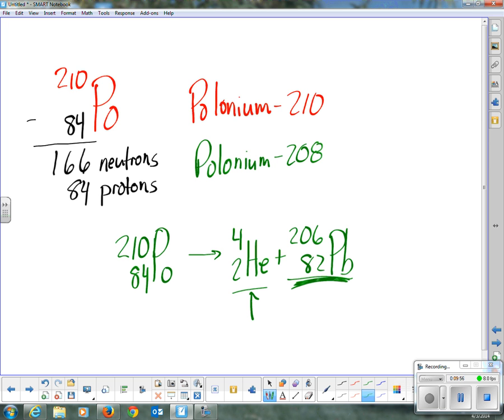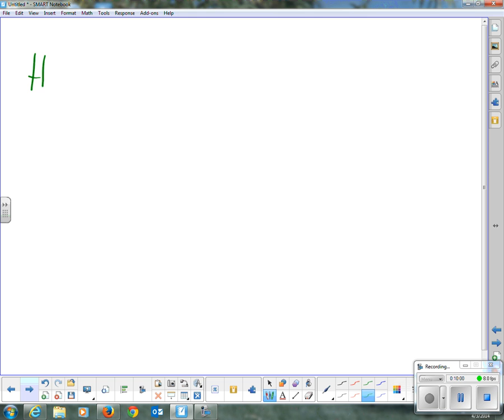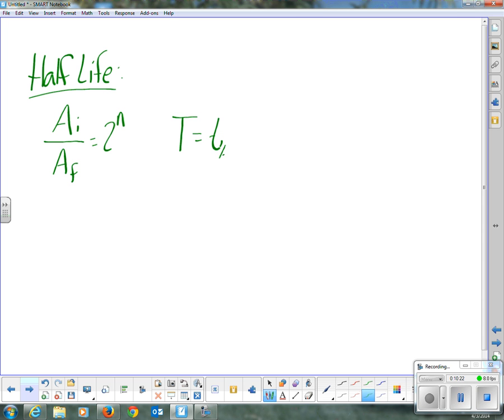Okay, you also need to know half-life. Remember that I gave you three equations, it's actually just two, that you could use to find half-life. You can use it by saying initial divided by final is equal to 2 to the n, and big T is equal to T1/2 times n.